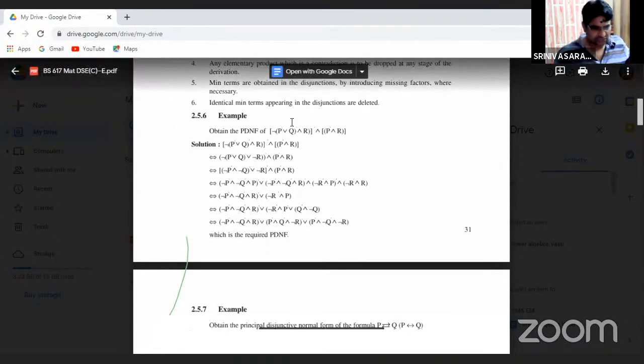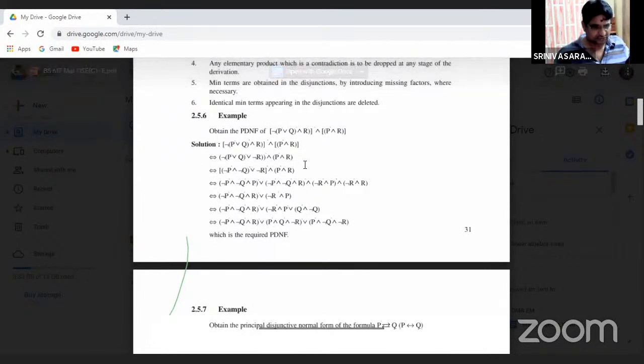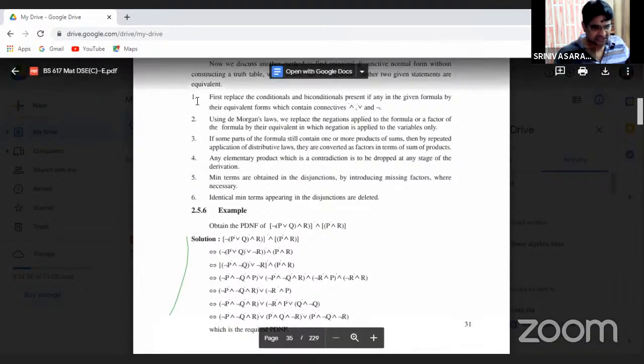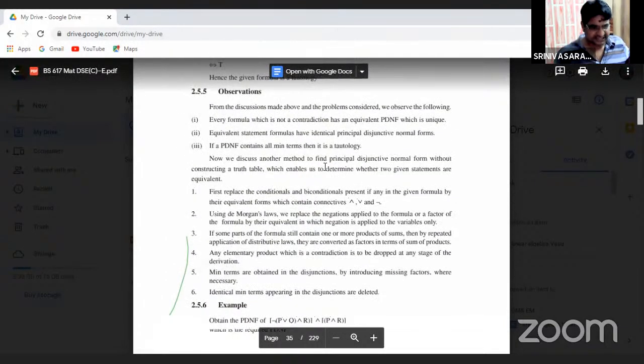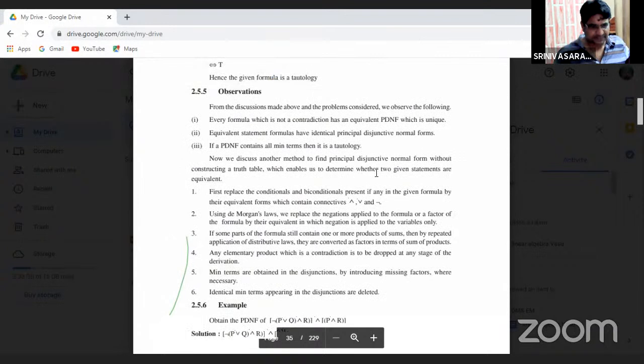Okay. Now, some other examples are also here. These examples completely depend upon the above points. Now we discuss the method to find the principal disjunctive normal form without constructing a truth table. To observe these 6 points, we have already explained them.